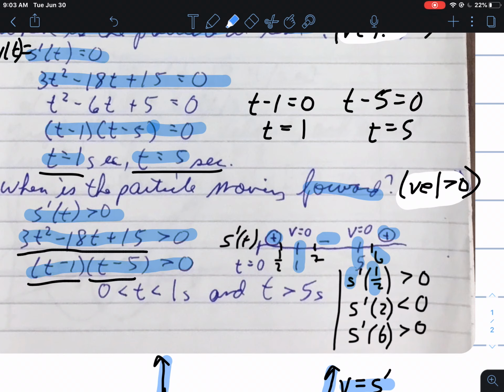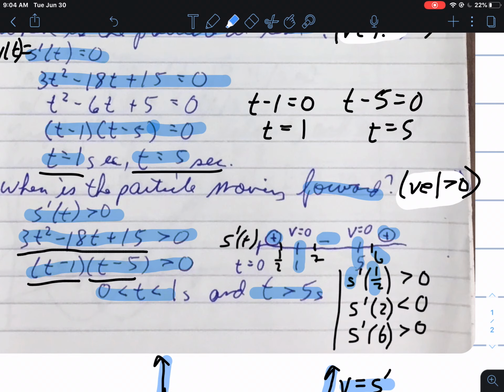And then we pick whichever interval answers our question. In this case, we wanted to know where the particle was moving forward, where the function was positive. So on the interval from 0 to 1, and then also on the interval from 5 to infinity, in this case, t greater than 5.